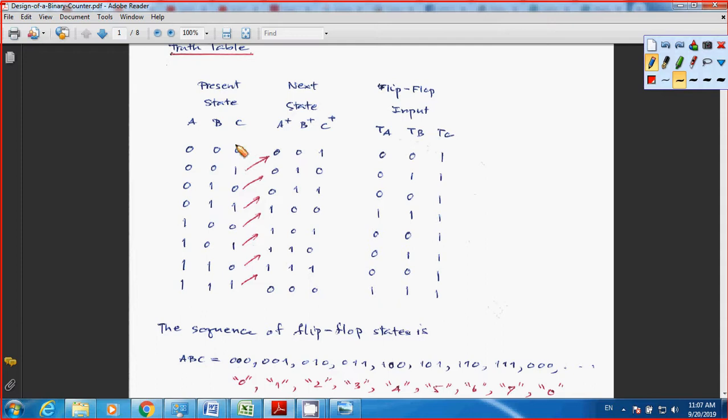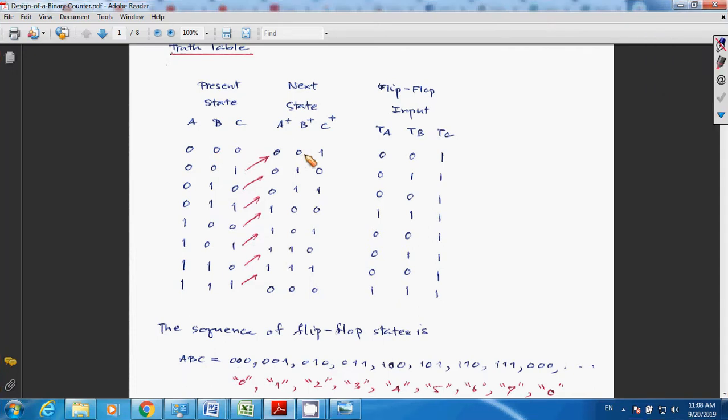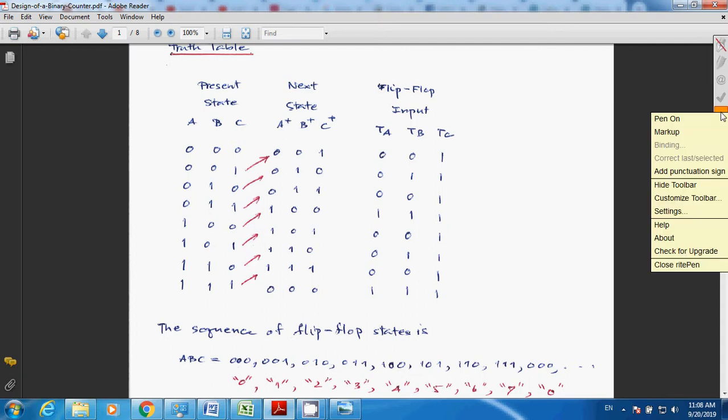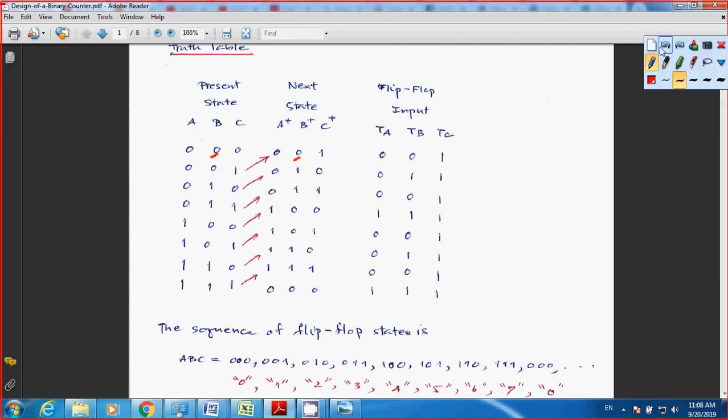For TB, take a look. For the first one, the present state is 0, and the next state is 0. So it doesn't change state. So the input of your T flip-flop is going to be 0. The second one changes state from what? 0 to 1.